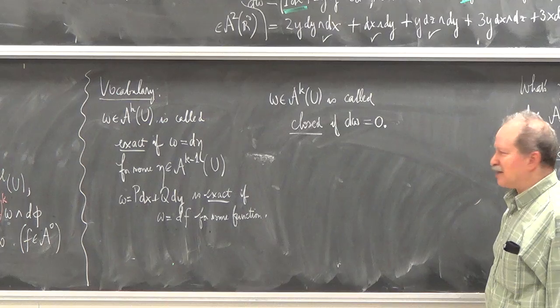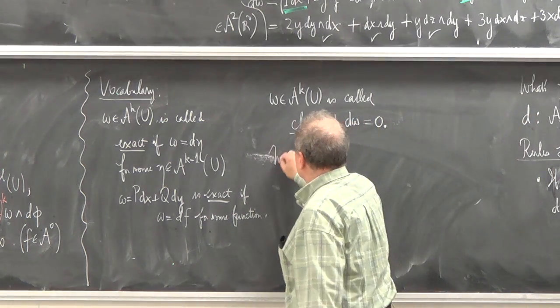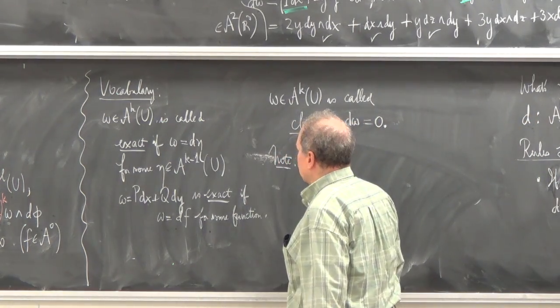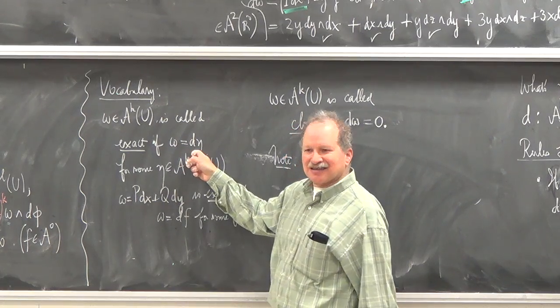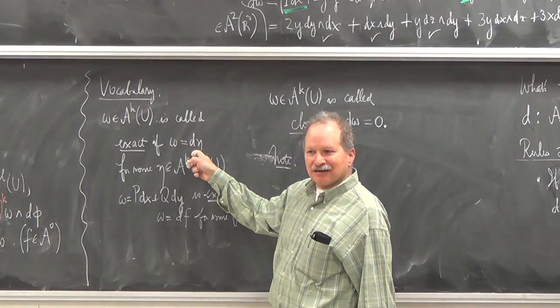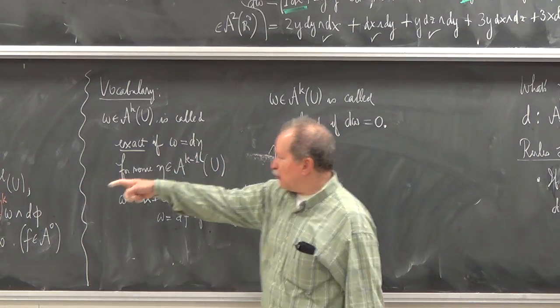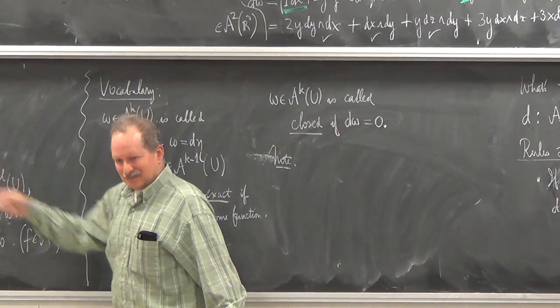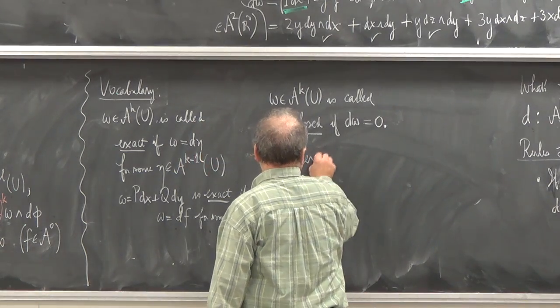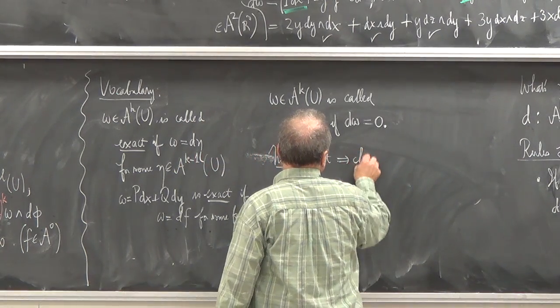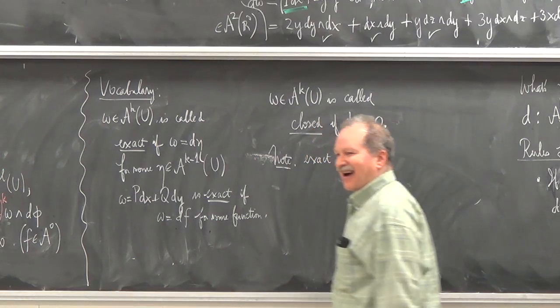And what did Ken just observe? If you have somebody who's exact, d of it is 0. So the exact things are closed. Right. Exact implies closed.